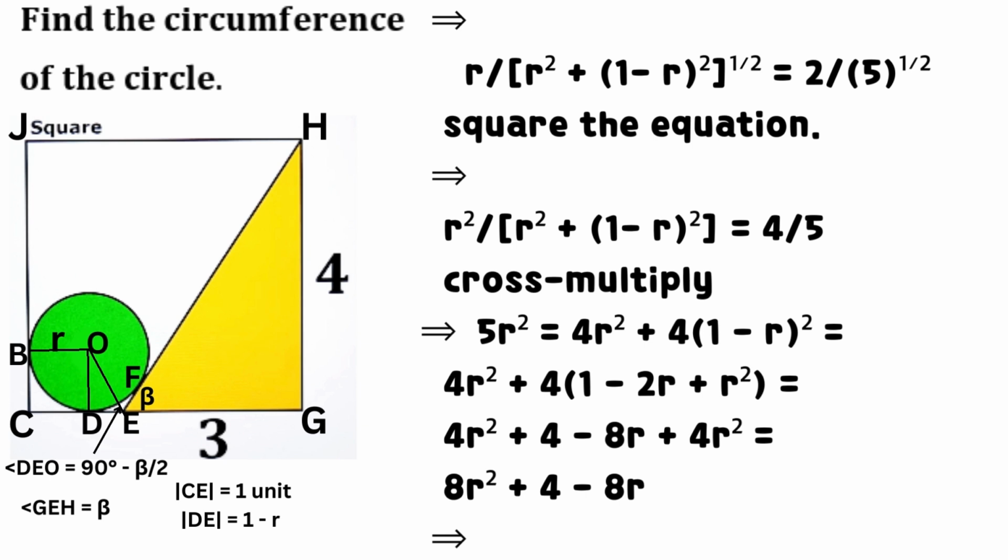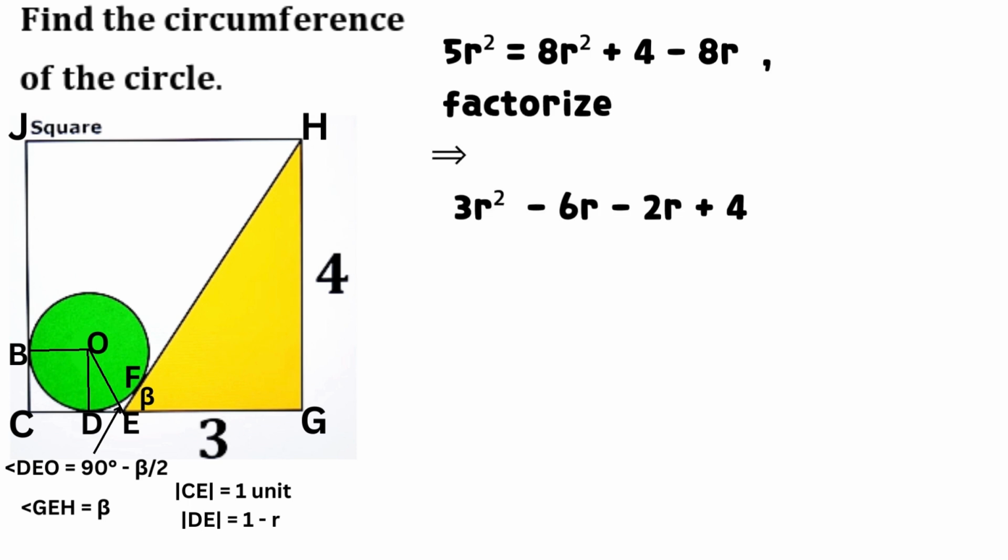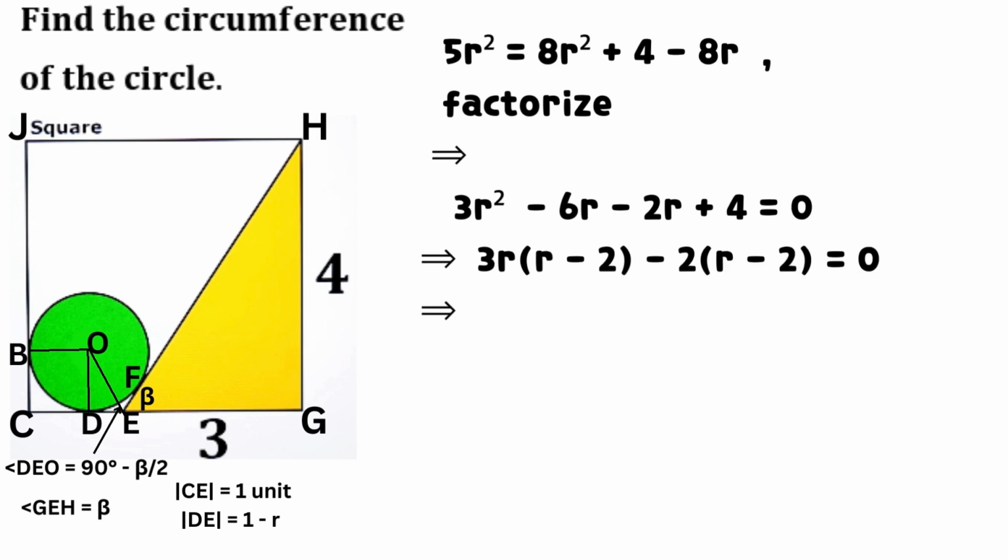Cross multiply. Simplify the equation further, and we have that the sum of 4 times the square of R and 4 minus 8 times R plus 4 times the square of R equals the sum of 8 times the square of R and 4 minus 8 times R. It signifies that 5 times the square of R equals 8 times the square of R plus 4 minus 8 times R. Factorize and simplify.